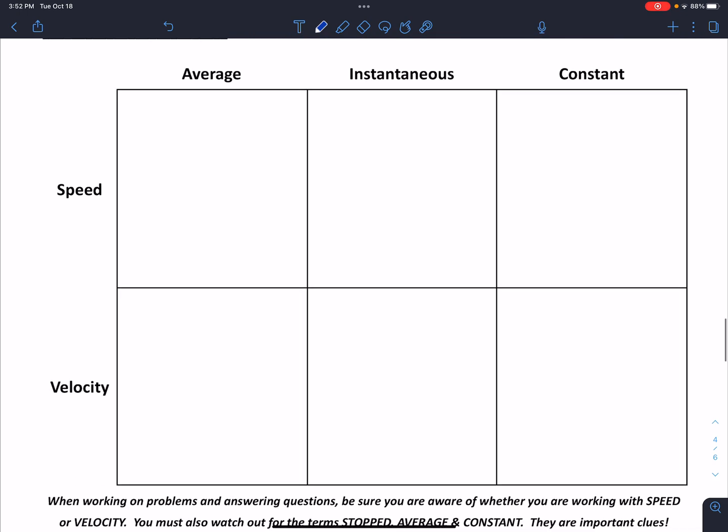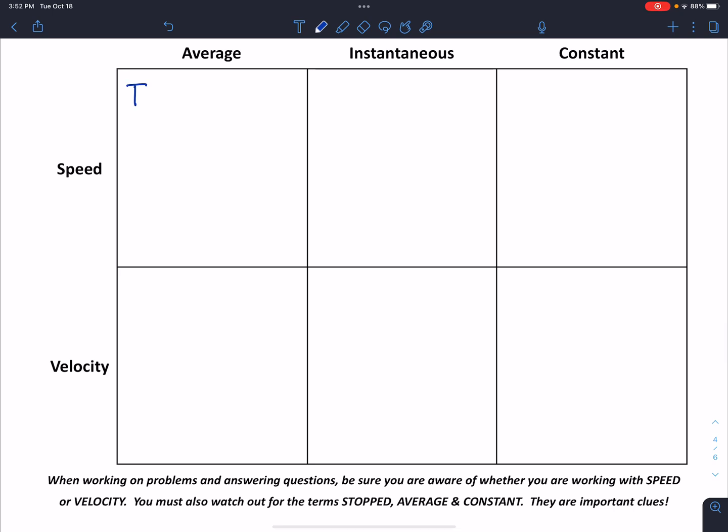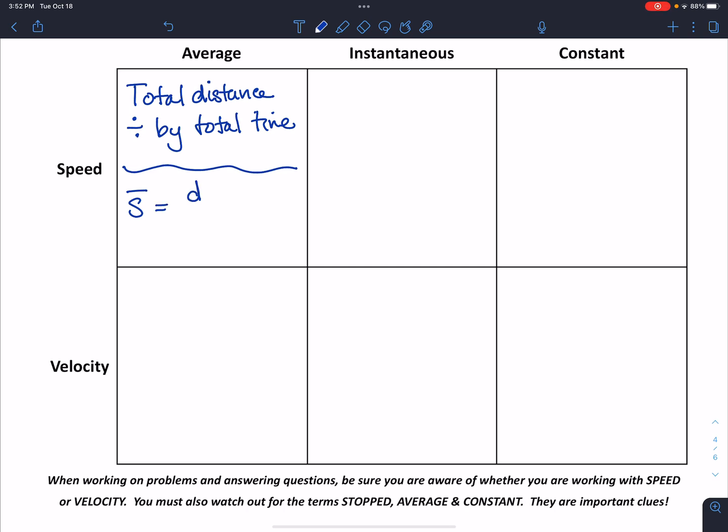Remember for average speed, that was your total distance divided by the total time of your trip. And we had a formula for that: S with a line over the top equals D total divided by T total.